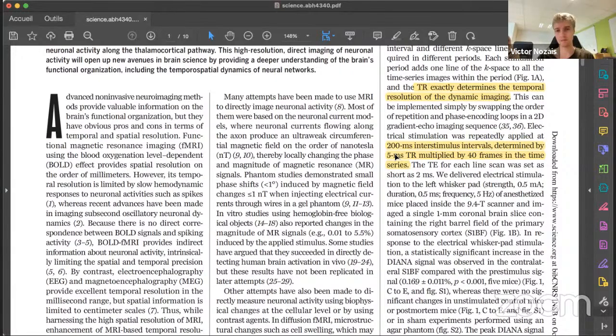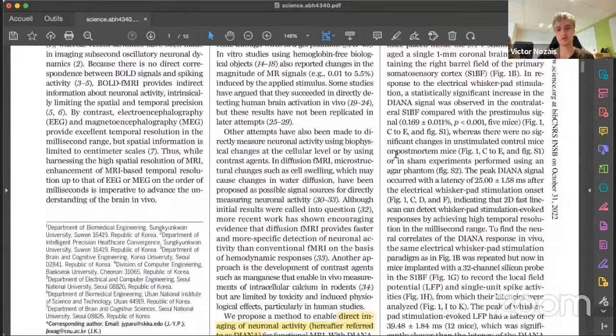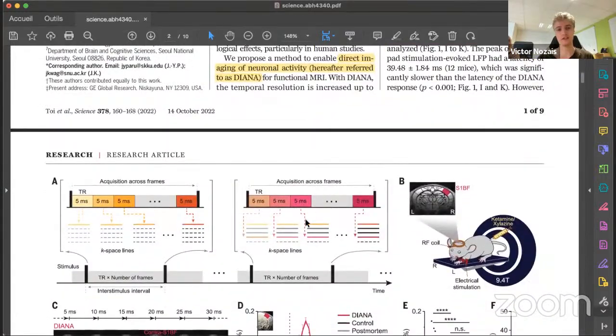But actually, what they do is not scan the whole brain for each 5 milliseconds. They scan only one line of the K space. The K space is a space that is used afterward to reconstruct the 3D image, or the 2D image here, of the MRI. So it's not a real scan, not something you can see usually. It's data that will be transformed, but that doesn't really matter here.